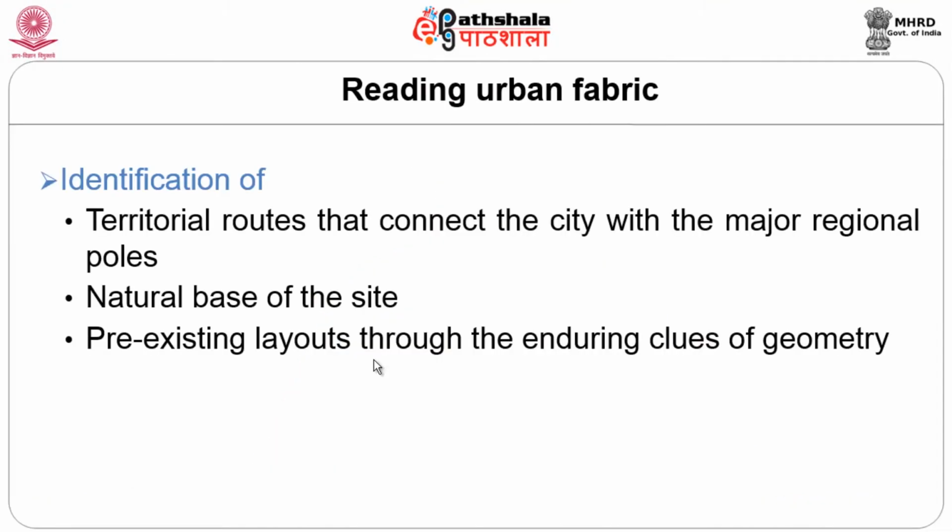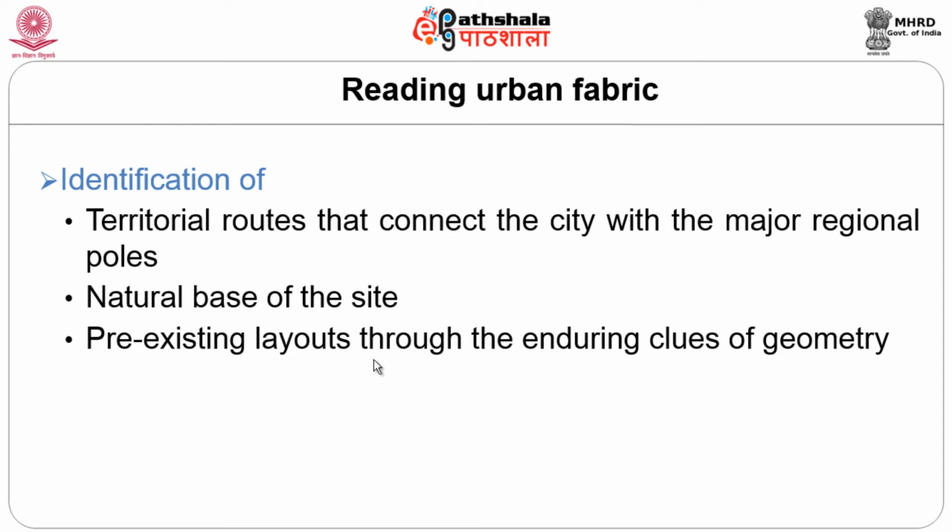Then apart from reading the urban fabric from the growth process perspective and from the architectural element perspective, there are 3 other different ways of reading the urban fabric. The first one is identifying the routes. What are the routes that connect the city with the major regional poles? So, there is a need to identify the routes that connect the city to read the urban fabric.